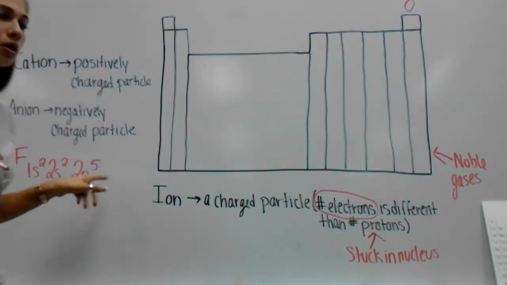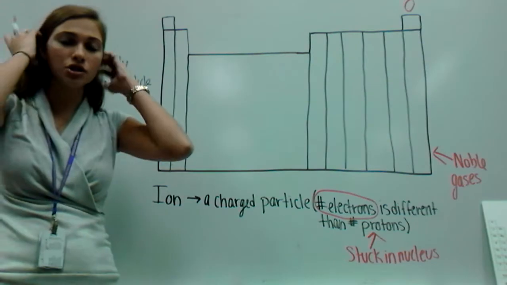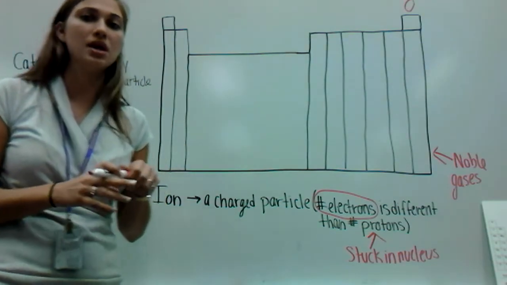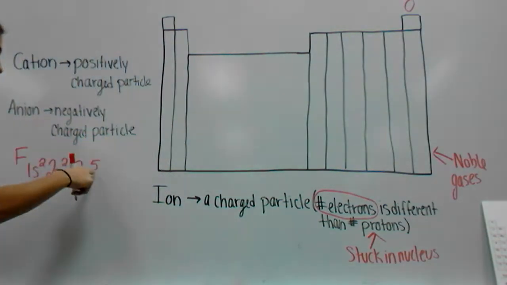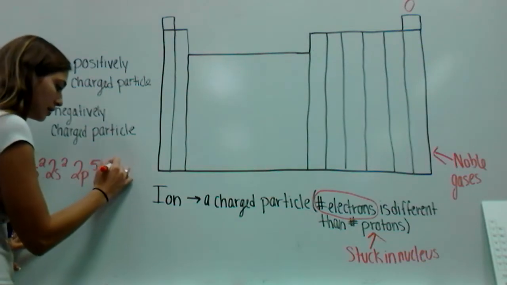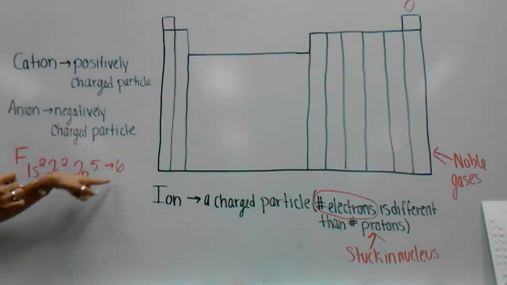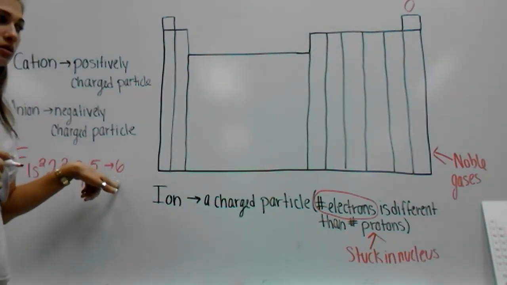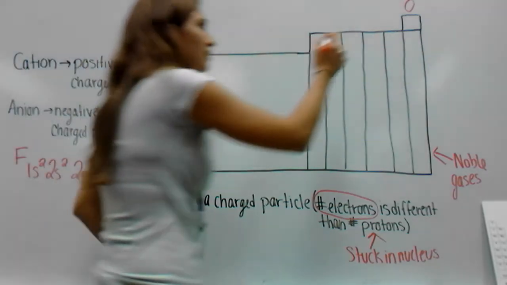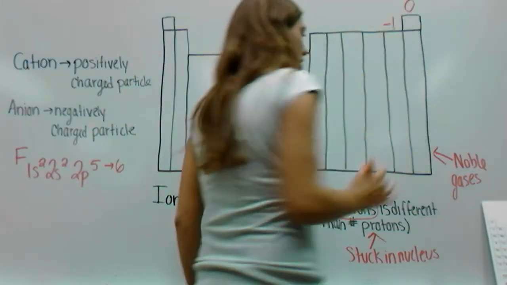In order for it to have a filled outer shell, which is where it wants to be, it needs to gain an electron, going from 5 to 6. In order for it to gain an electron, we are going to have to put a negative charge on it.